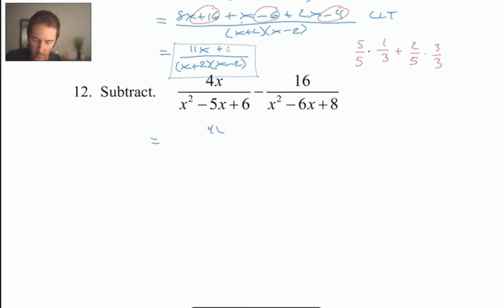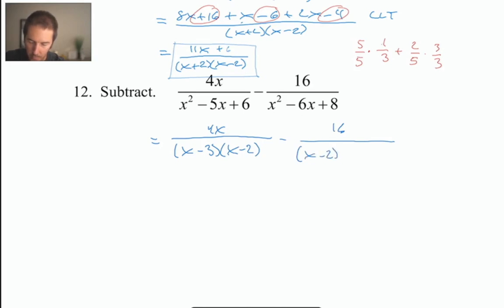So this is equal to 4x over, let's factor the denominator, x minus 3 times x minus 2, minus the 16 is still up here over x minus 2 times x minus 4. So far we have a common factor of x minus 2.